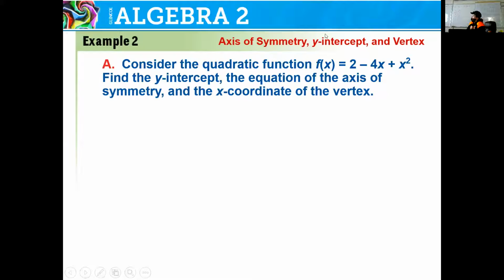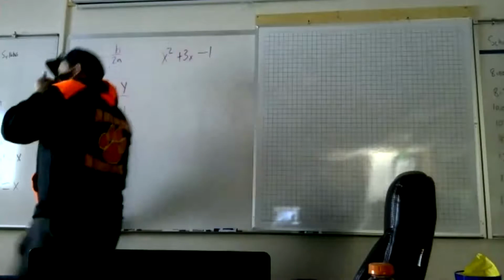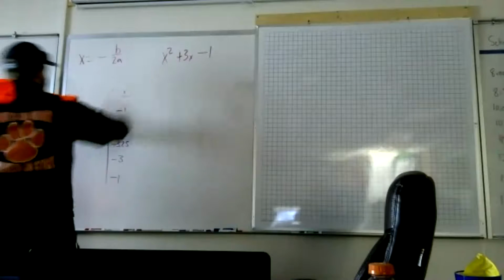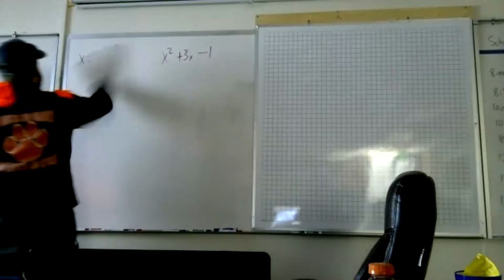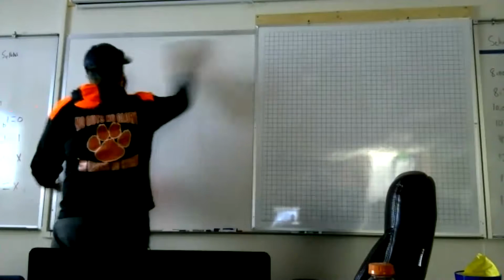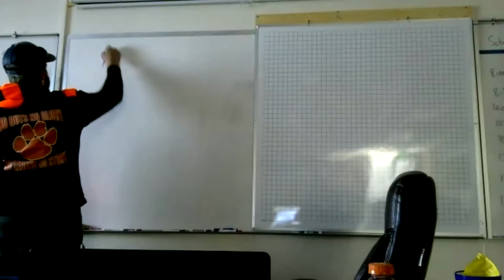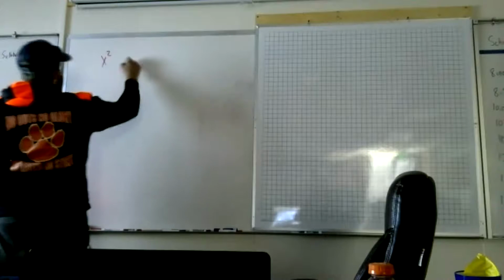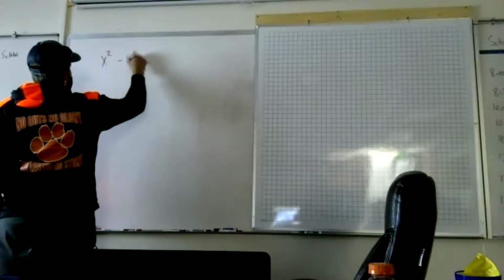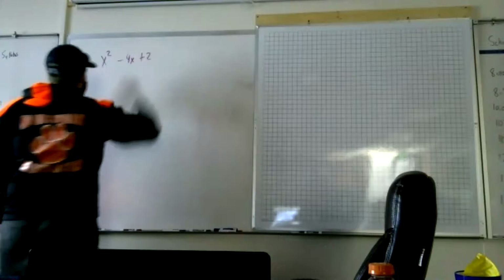That way it's just visually simpler to me. We can do all of the processes that we would need to do, but if we just get in the habit of writing it in standard form, it just makes your life easy. So we're dealing with x squared, and that is going to be minus 4x plus 2.